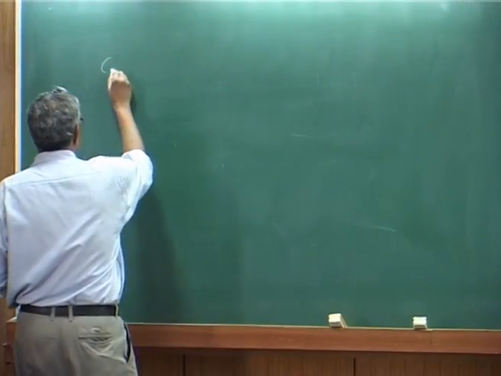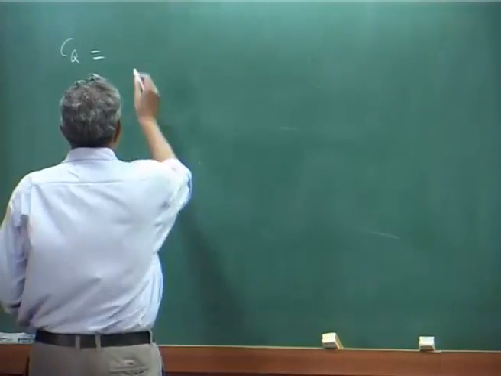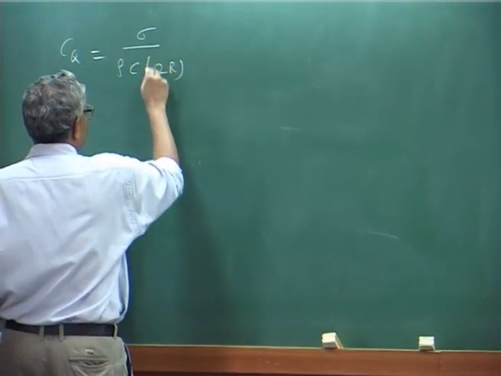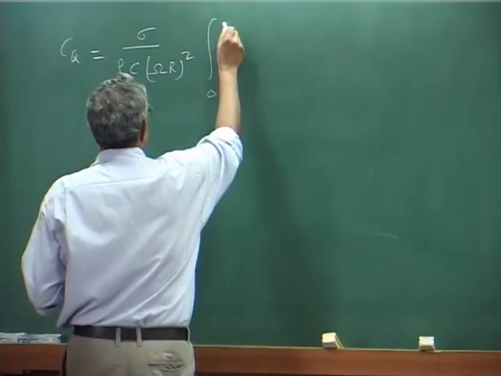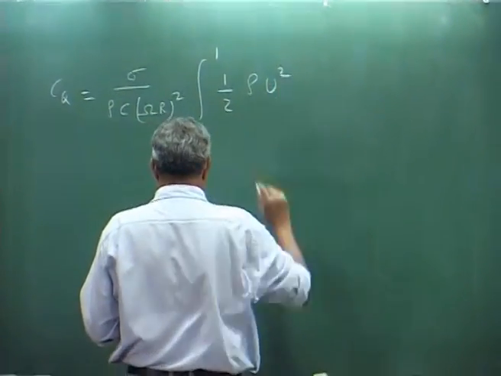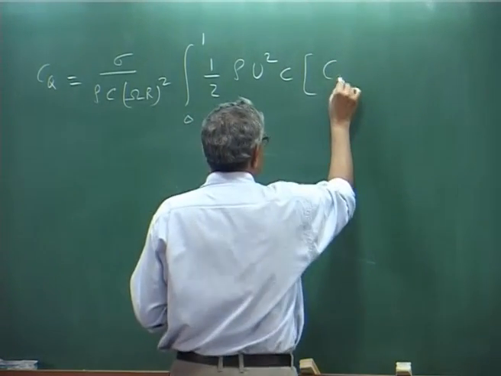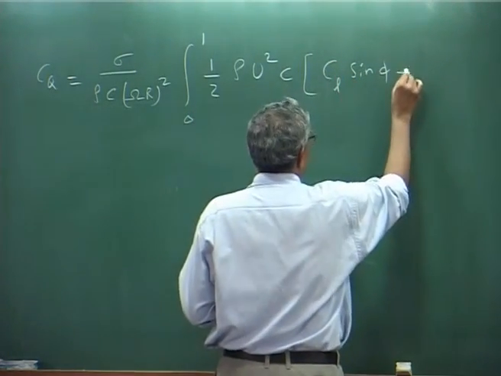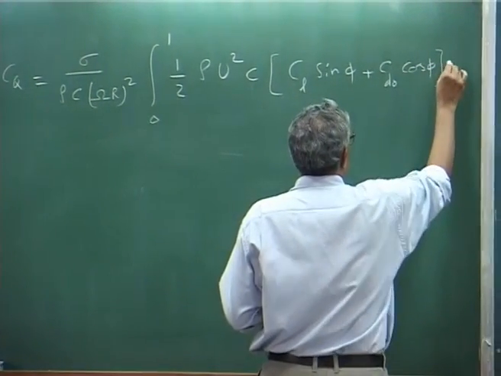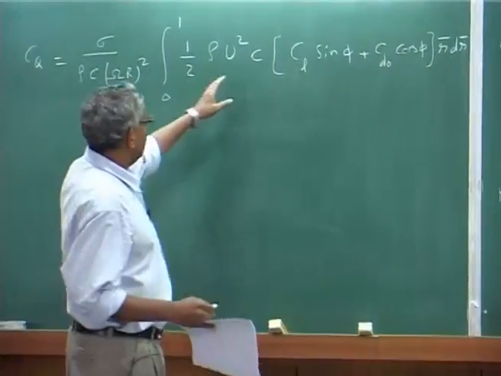So, you will get Cq becomes essentially sigma rho C omega R whole square, C L sin phi plus C d 0 cosine phi, r bar d r bar. Okay. I have put this here.